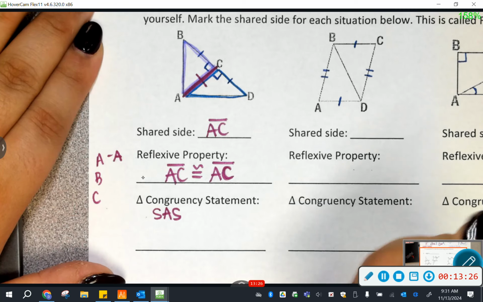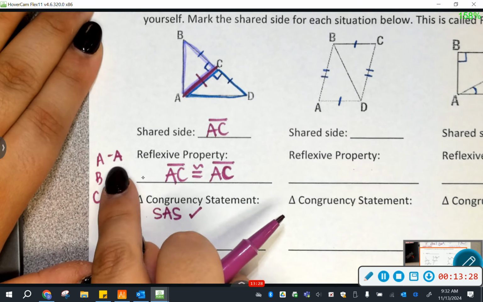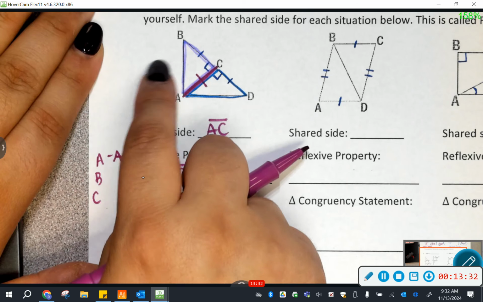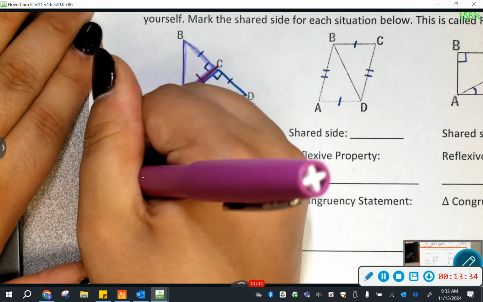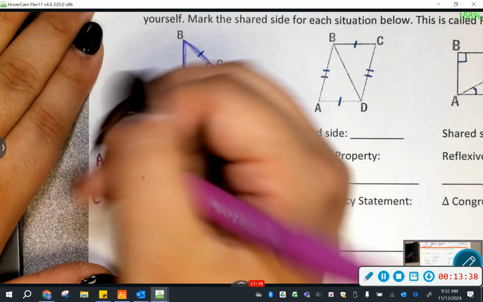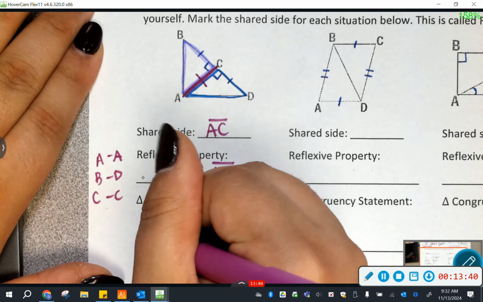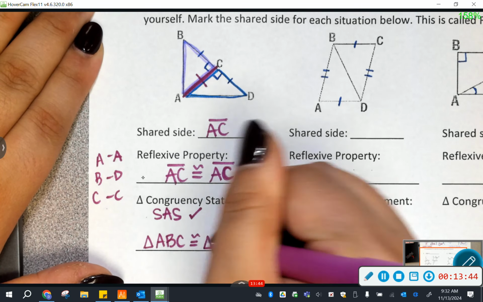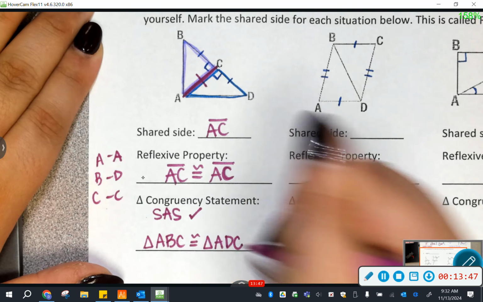Is SAS congruent? Yes. So now I can do this. So A is going to be congruent to A. What is going to be congruent to B? D. And what's going to be congruent to C? C. So then I would say triangle ABC is congruent to triangle ADC.